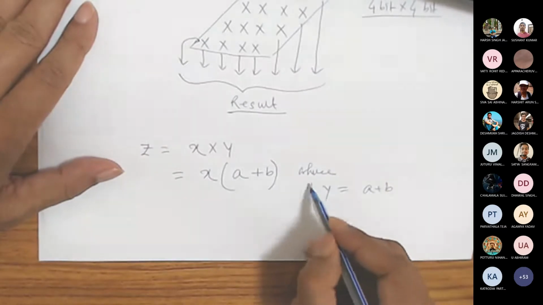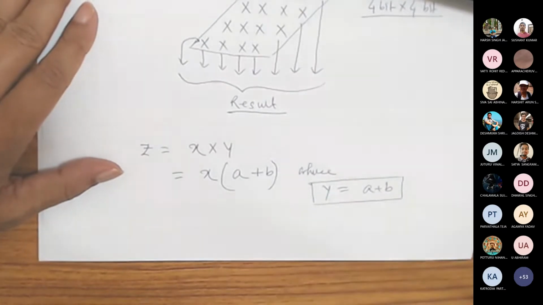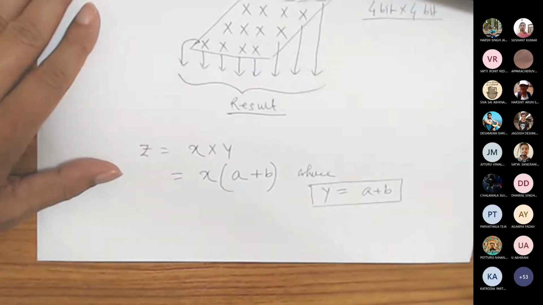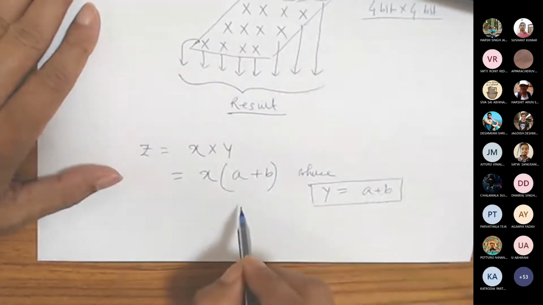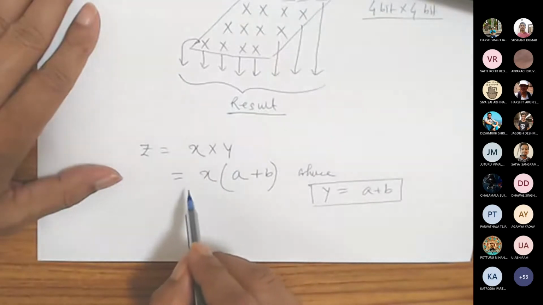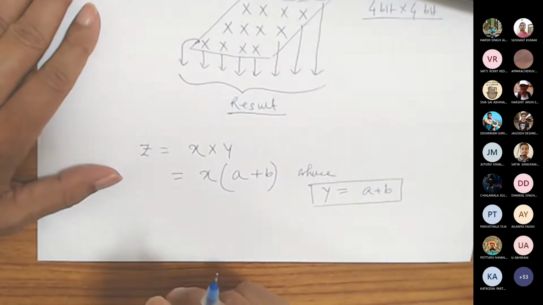Now the question is, why do we do this? We know that when y equals a plus b, then I can replace x into y with x into (a plus b).